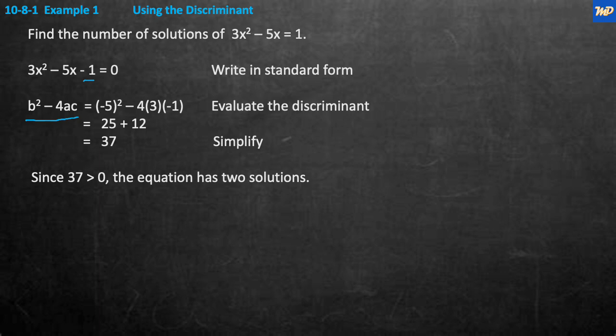Negative 4 times negative 1 is 4. 4 times 3 is 12. So we have negative 5 squared, which is 25, plus 12 is 37. That means there are 2 solutions, because 37 is greater than 0.